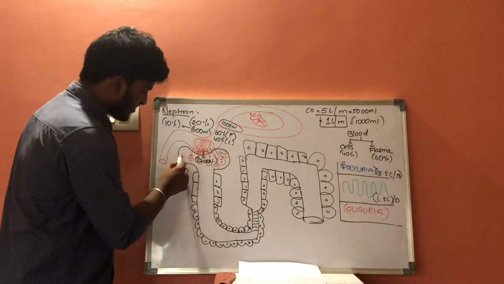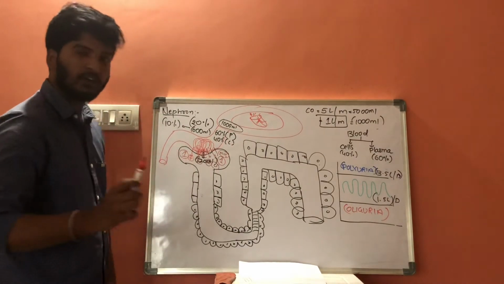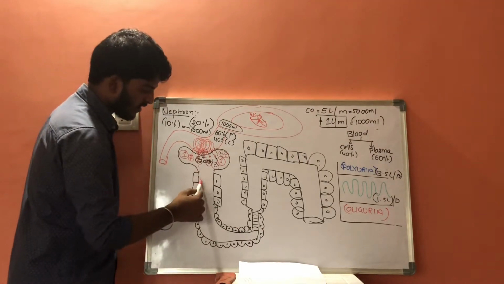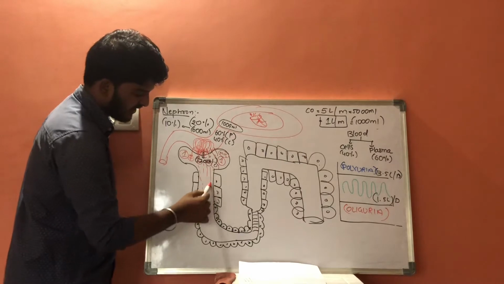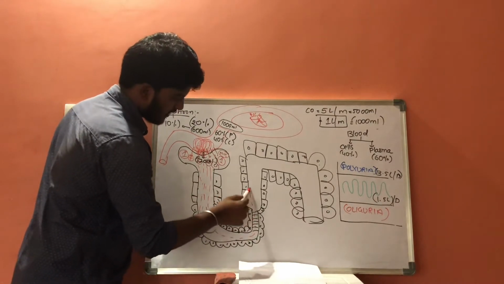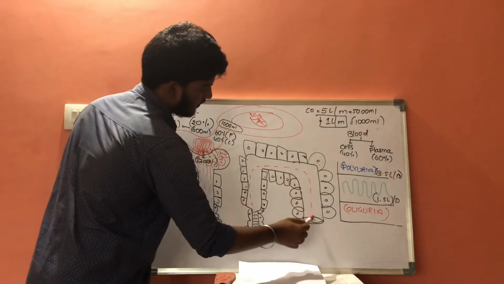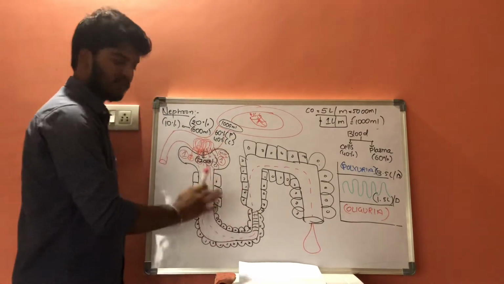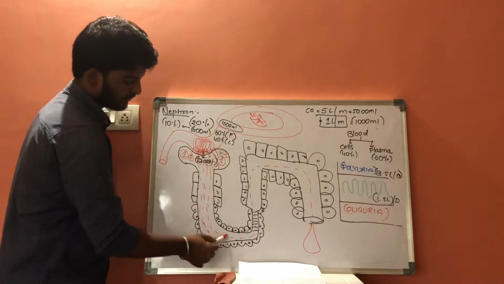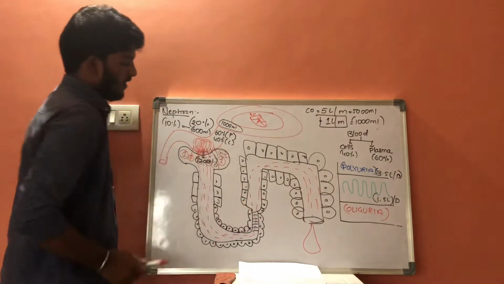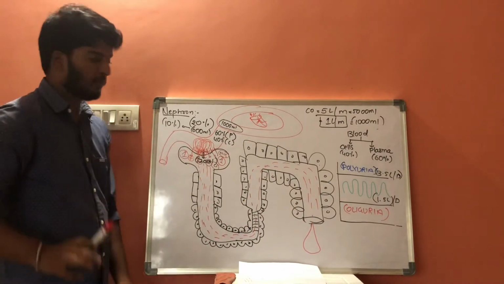So glomerular filtration is the first step. Whatever components are filtered will move in this manner, and at last it will form a drop. This is called urine.